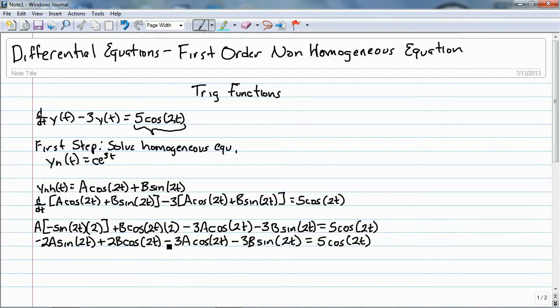And now let's group our sines and cosines together, and let's put the A constants at the beginning and the B constants after it. And so let's group our cosines.